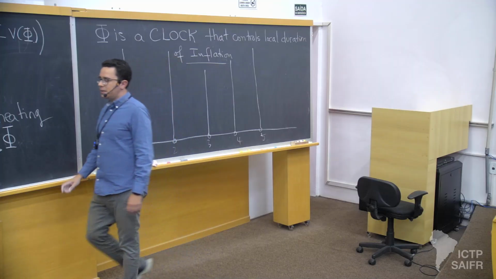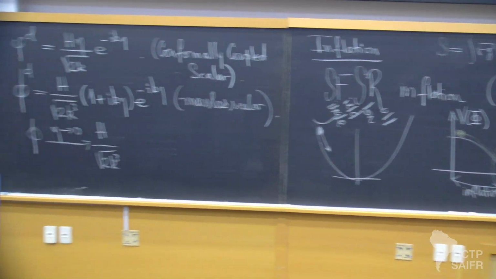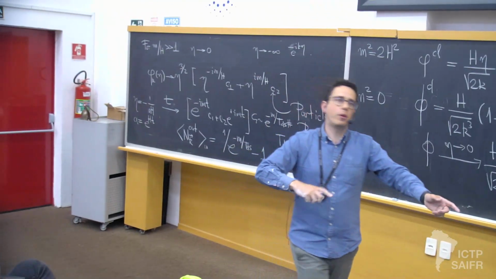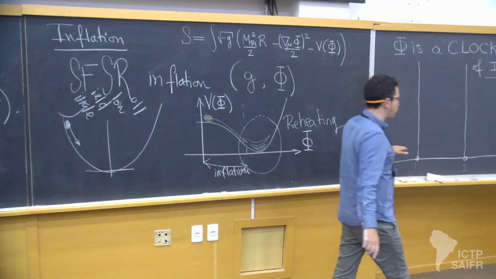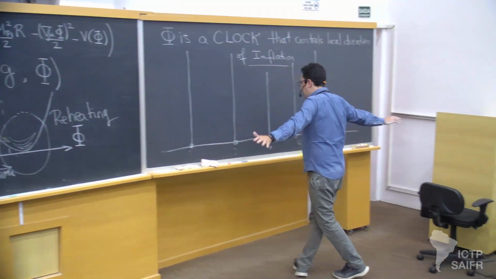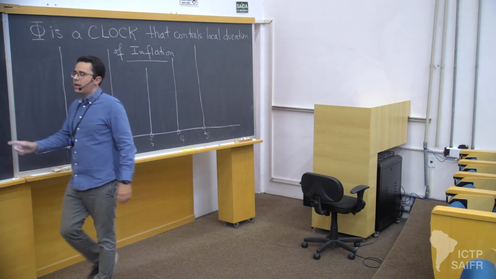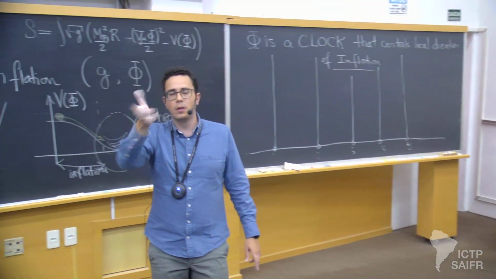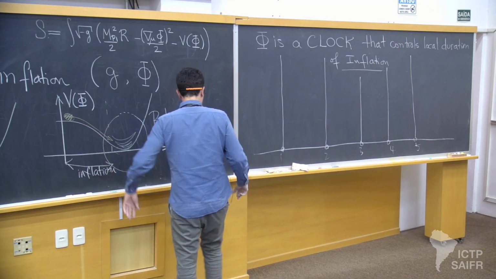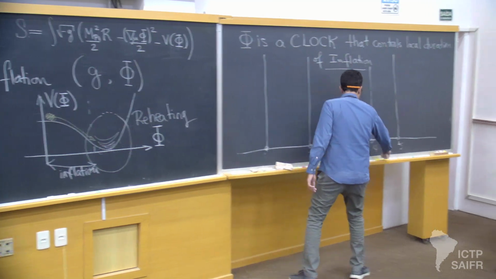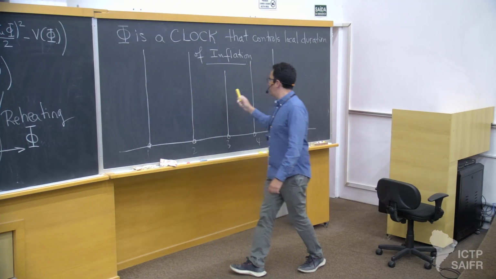What happens is that quantum mechanics kicks in, and these histories fluctuate in different locations. This is the average expectation value of phi. It's space independent, but every point in space experiences, because of quantum fluctuations, slightly different histories of phi. Okay? So the clock ticks at slightly different rates at different points.